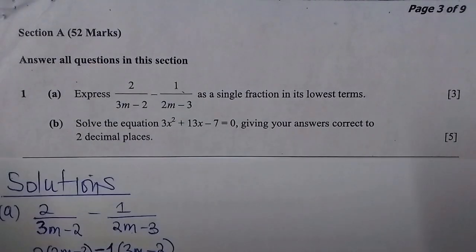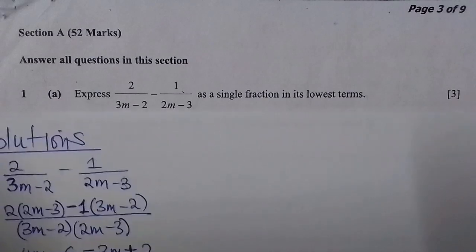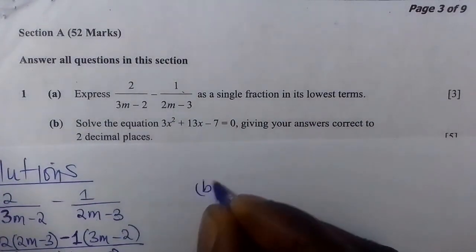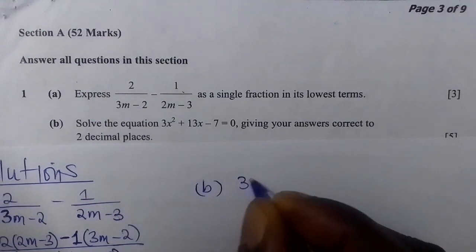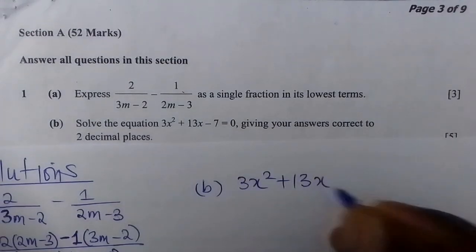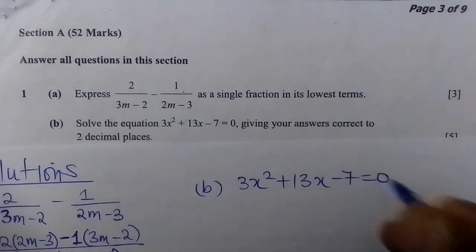Then going to B, solve the equation 3x squared plus 13x minus 7 equal to 0, giving your answers correct to 2 decimal places. So first of all, I'll start with writing the question given on B. The equation is 3x squared plus 13x minus 7 equal to 0.